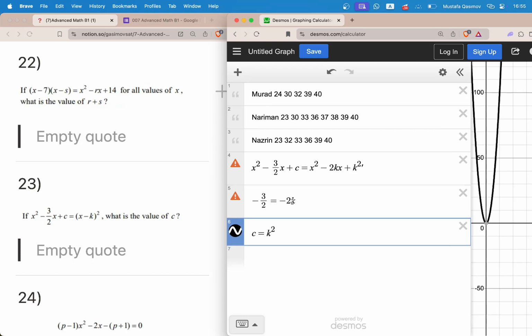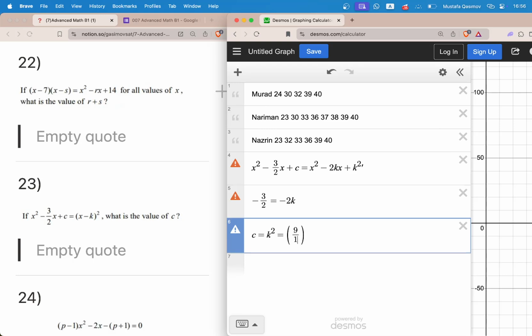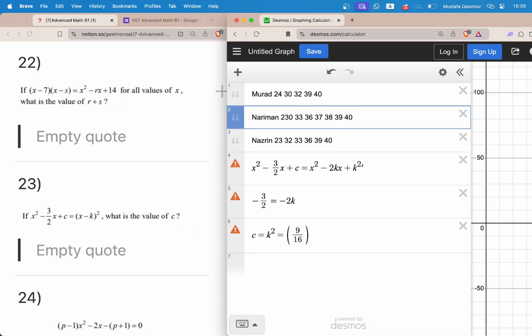Then from here we find k. k is equal to 3 over 4. Then c is equal to k square, so it is 9 over 16. So the answer is 9 over 16. Narman and Nazrin, I hope you understand.